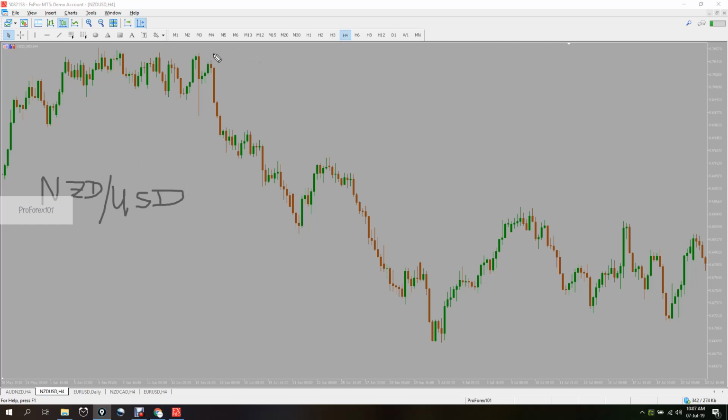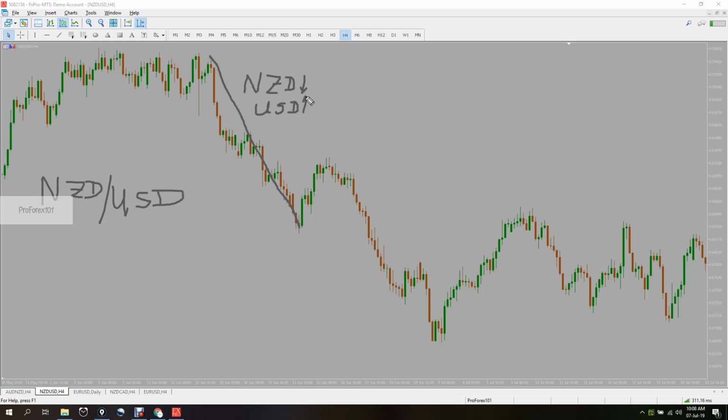So if this currency pair is going south, this means that either the New Zealand dollar is weakening, or the US dollar is strengthening.